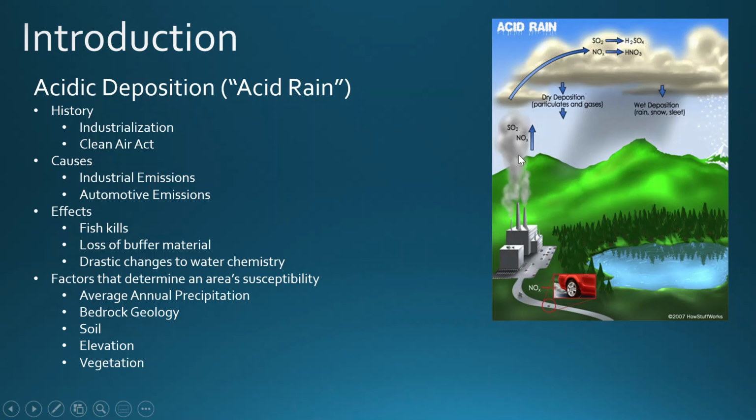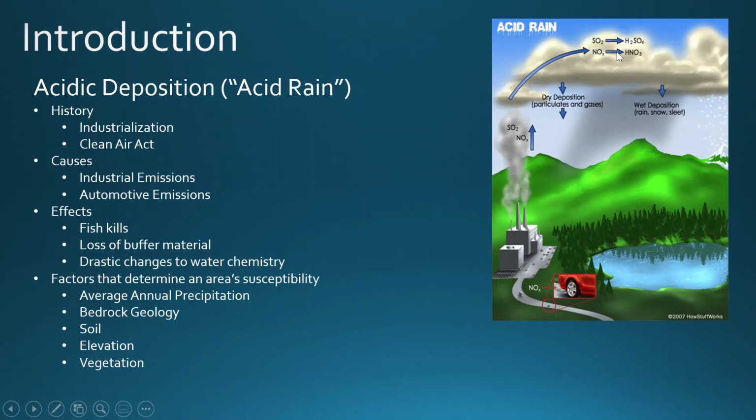This diagram on the right is pretty good in explaining what acid rain or acidic deposition is. You have smokestacks here that are releasing two harmful pollutants, one being sulfur dioxide and the other being nitrogen oxides. Those oxides can come in many forms.